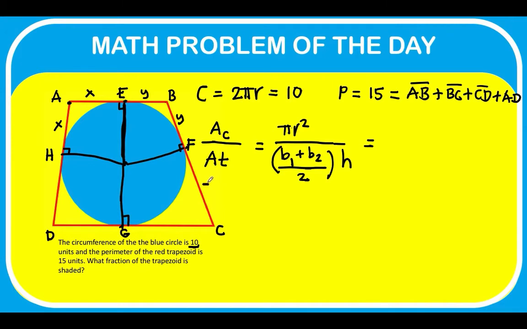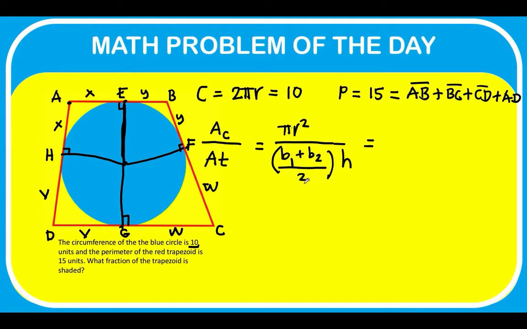Let's call this distance FC as w, GC is also w, and the length of segment HD as v, and the length of segment DG as v. That is because of the two tangent theorem. This distance from point A to this point of tangency E, and from point A to the point of tangency H are equal.